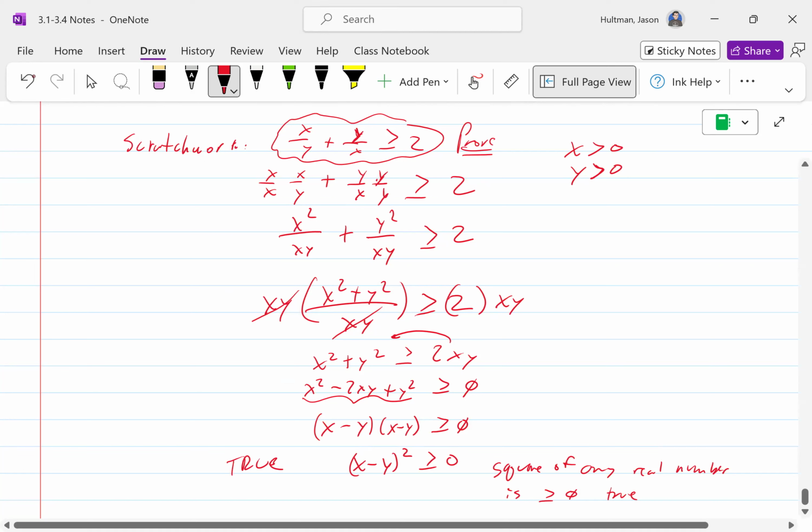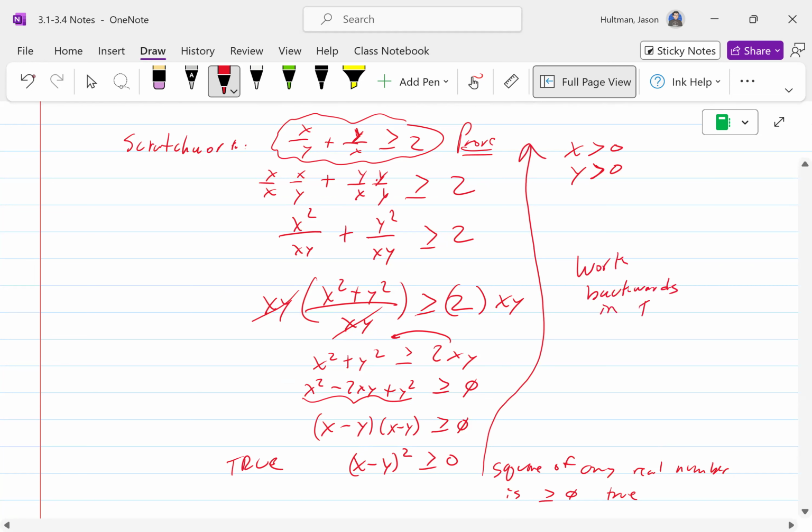And so we would want to work backwards in our proof. Our scratch work can give us the idea of how we want to work backwards in the proof.